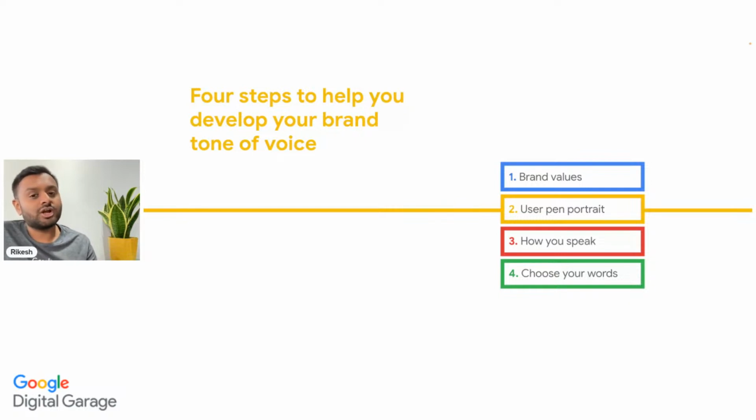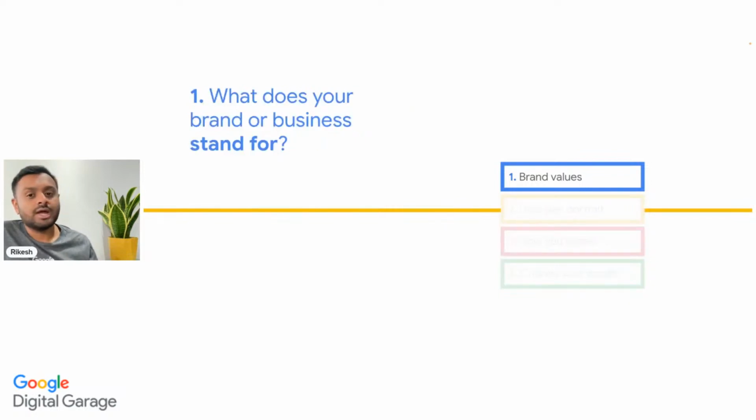So if we have a look at brand values first and foremost, what we want to ask ourselves here is, what does our brand or business stand for? So we want to think of the values that we embody as a business, as a brand. Now, a lot of these might actually flow seamlessly into our own values as an individual.